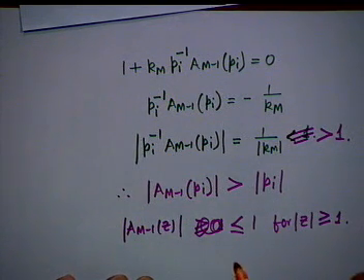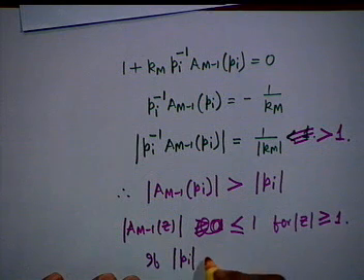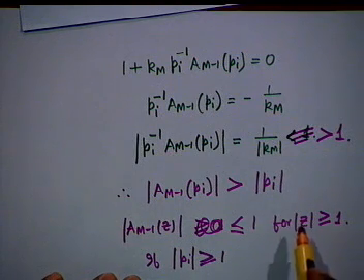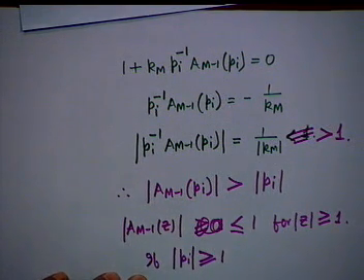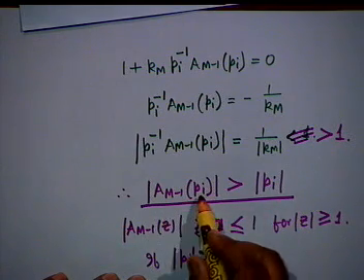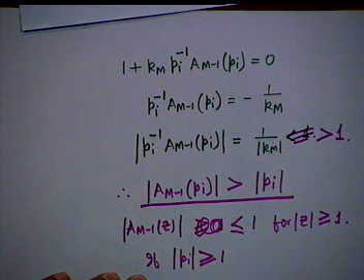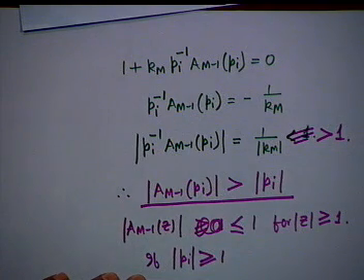If Pi magnitude is greater than equal to 1, then Am minus 1 Pi magnitude should be less than equal to 1. Agreed? But this shows that Am minus 1 Pi should be greater than magnitude Pi, that is, it should be greater than 1. Therefore, these two are contradictory.